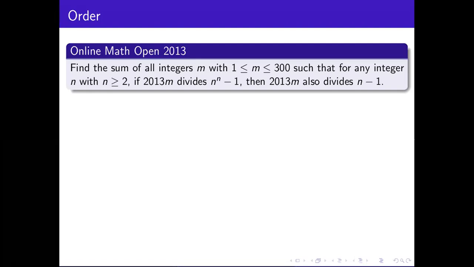All right, so I guess the first thing we can do is replace 2013 M with big M so that it's just easier to work with. So that's the first thing that we do.